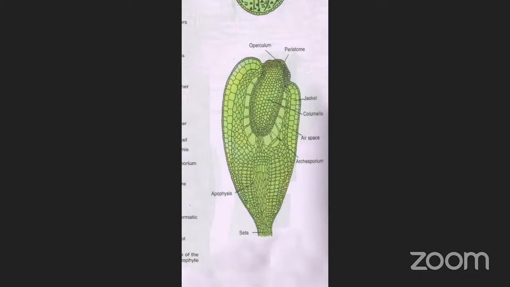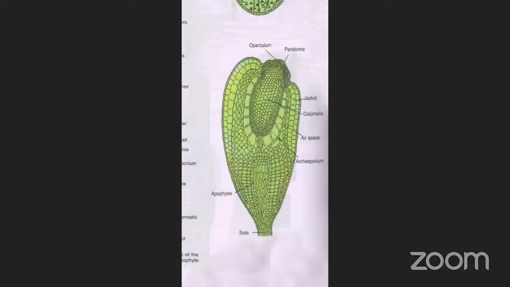The endothecium is sterile, and the thin outermost layer forms the archesporium.